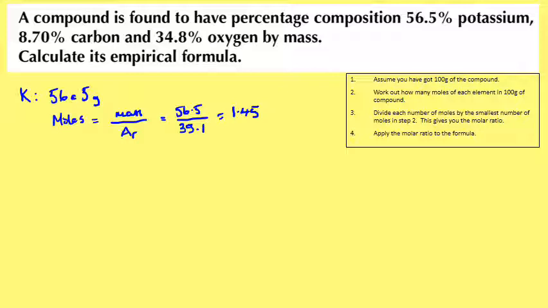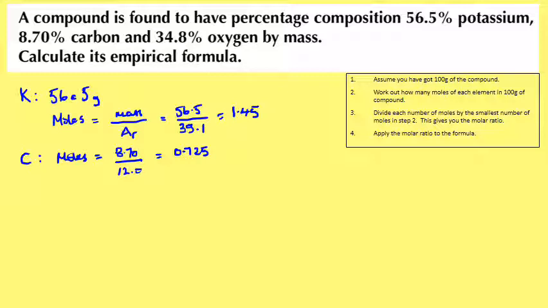So there's potassium. And next, let's do carbon. Our moles of carbon, also mass over AR. And if we've got 8.7% in 100 grams, we're going to have 8.70 grams. So 8.70 divided by the AR of carbon, which is 12.0. And plug that into our calculators, we're going to get 0.725 moles of carbon.